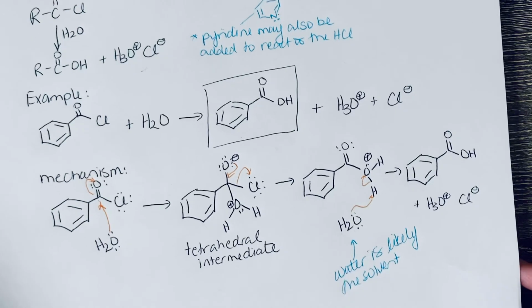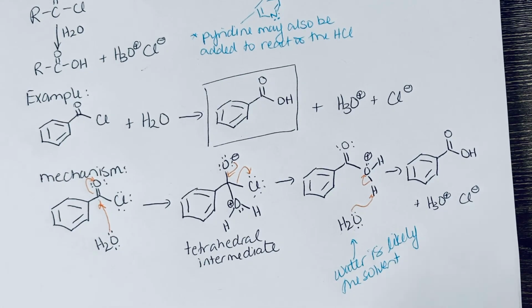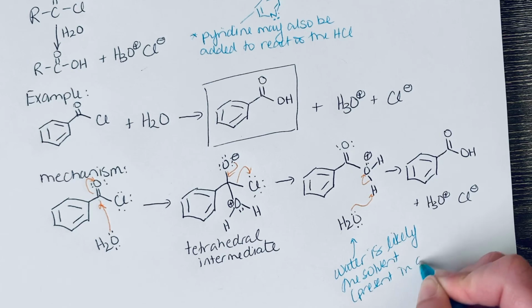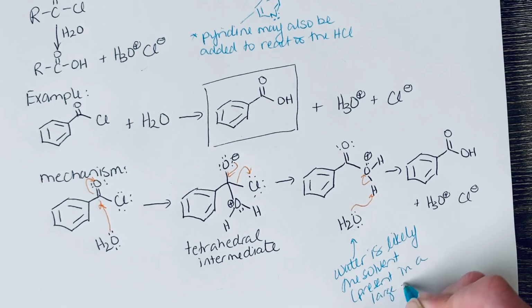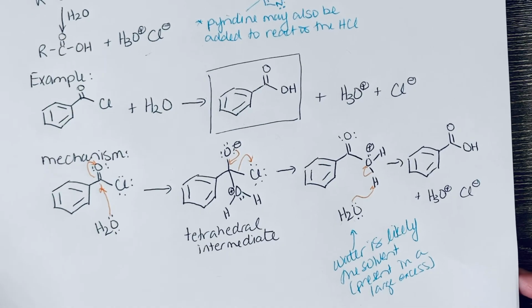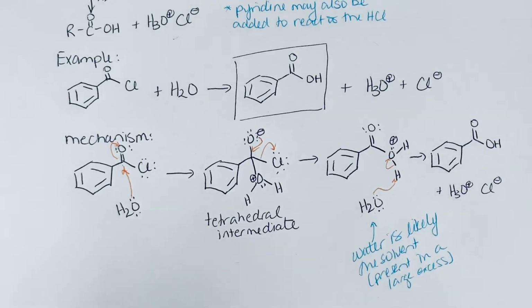So what that means, if it's also being used as the solvent, is relative to everything else, you really have an enormous excess of water. So that means it is present in a, we'll just say large excess, even though I don't think large really describes it. It really is an excess relative to everything else.